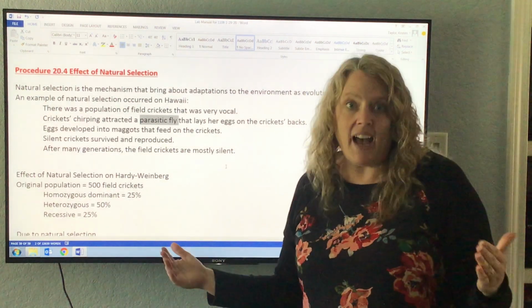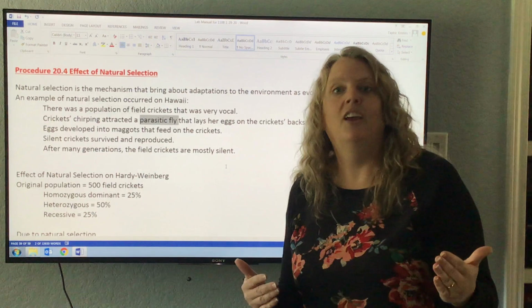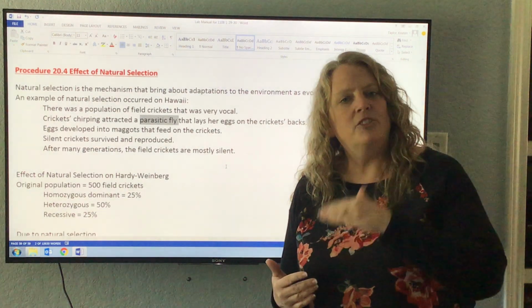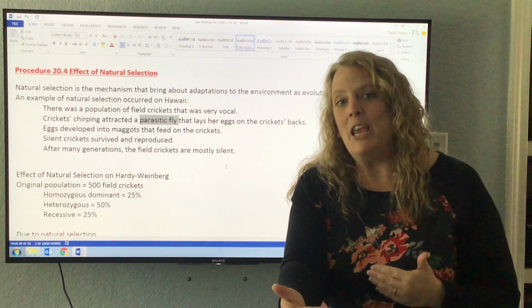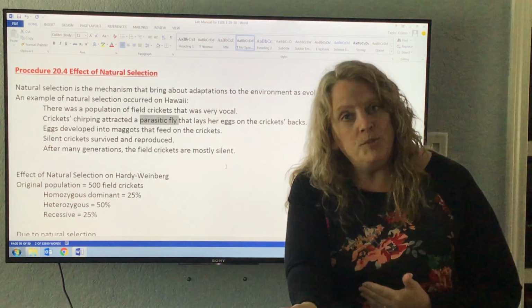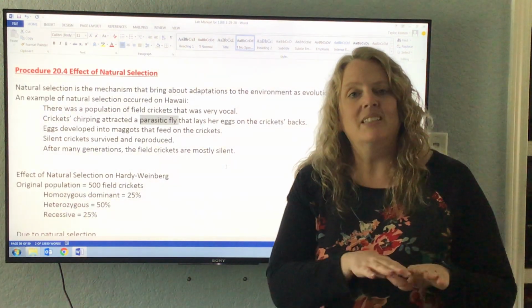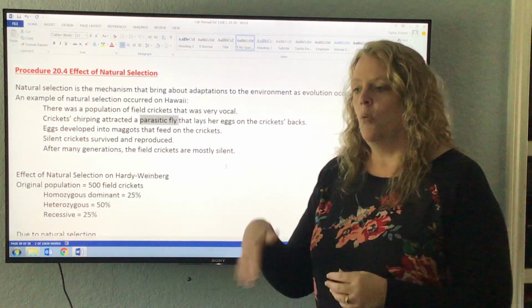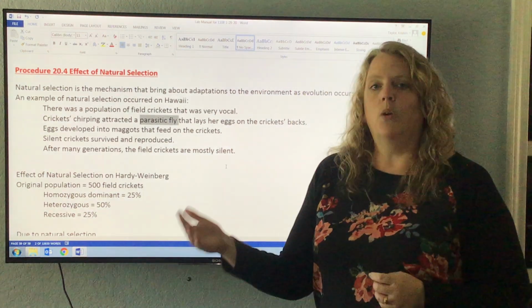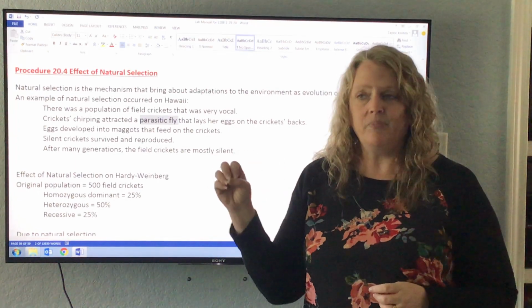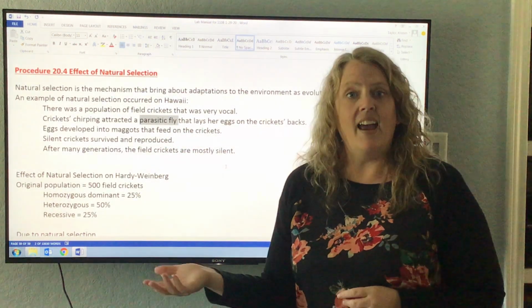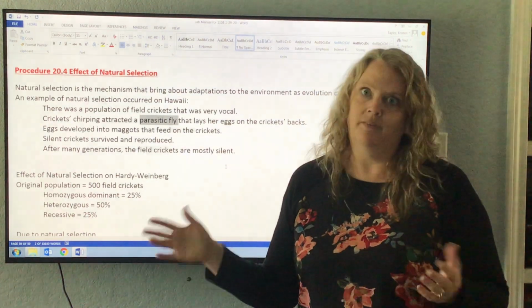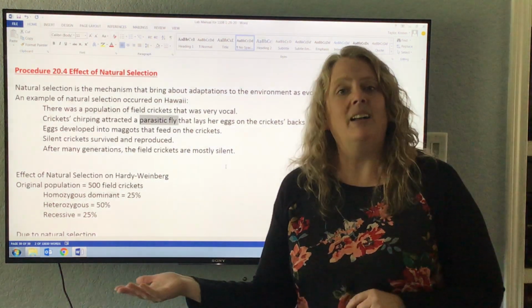They get to survive and reproduce, and because they reproduce, they pass on the same allele to the offspring that will make them silent as well. Whereas the ones that are chirping, if they got found by the fly and the eggs were laid under the exoskeleton, they end up dying.